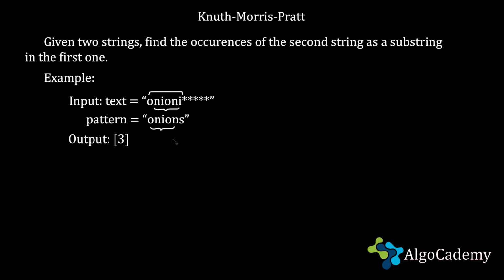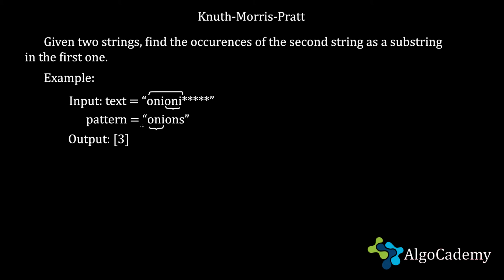So we move on and try out the next one. The next suffix is ioni, which is not a prefix here, so we move on. And the next suffix here is oni, which is indeed a prefix in the pattern string. So we have found the longest suffix which is also a prefix in the pattern string.